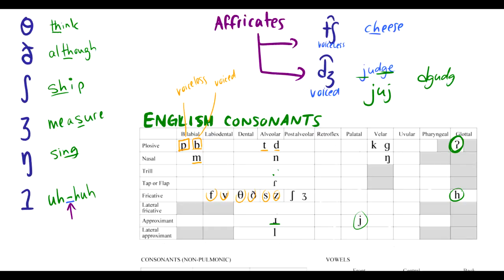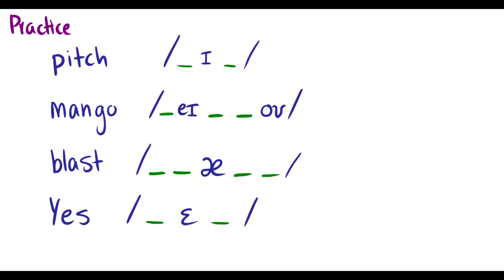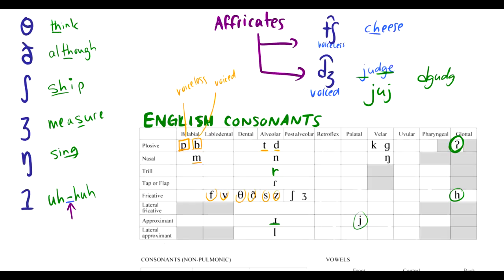So those are the consonants. That's what we're going to look at today. And we should do some transcription. So we're going to do some practice. I don't expect you to know all of them right now, but you should go over that chart and you should memorize it, play around with the mouth, and see where the sounds are. In fact, I should mention, on the left here, it says plosive. That's a stop.